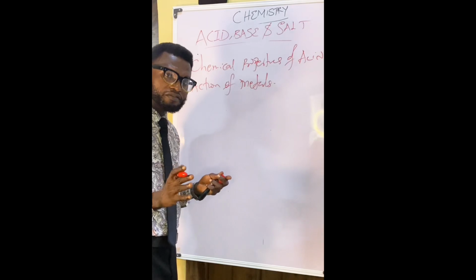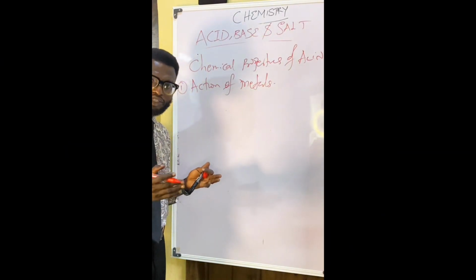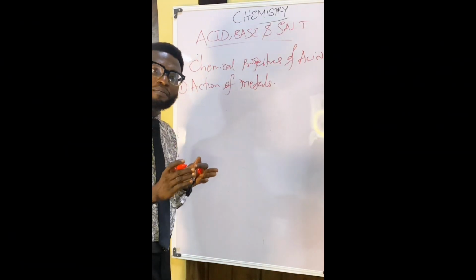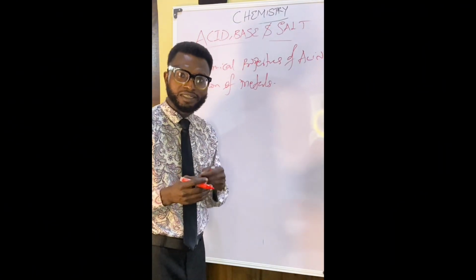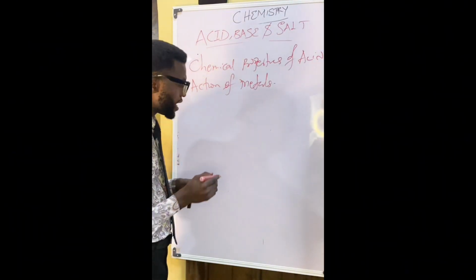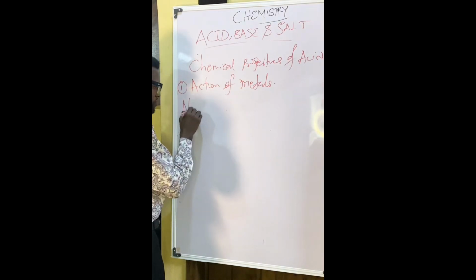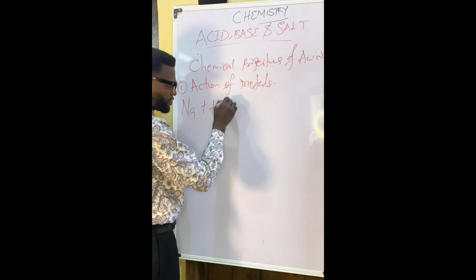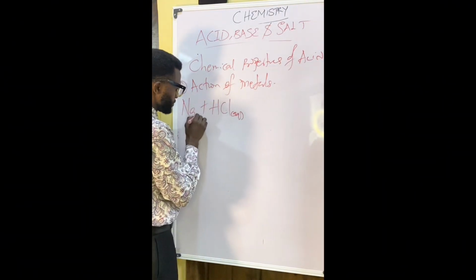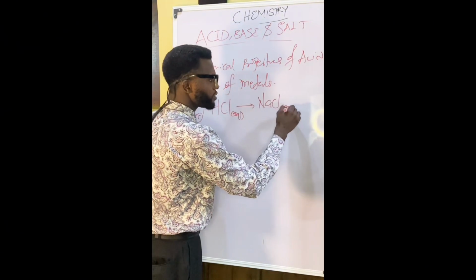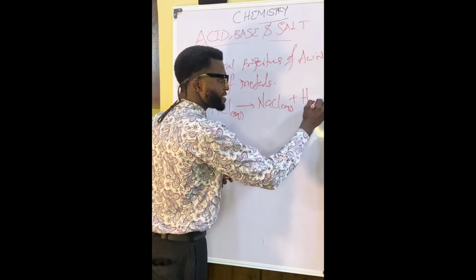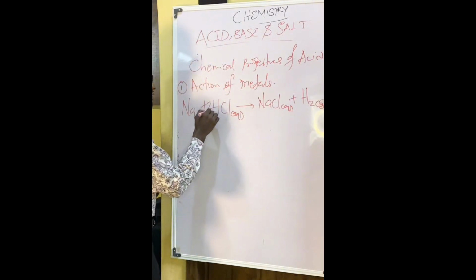Strongly electropositive metals like sodium, potassium, magnesium combine with acids with effervescence due to evolution of hydrogen gas. Example, sodium combined with hydrochloric acid to give you sodium chloride, aqueous solution, with an effervescence due to hydrogen gas.